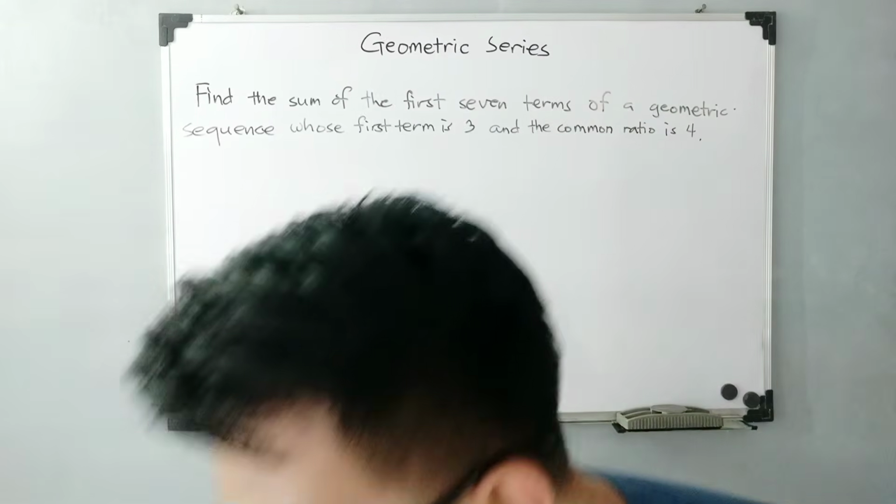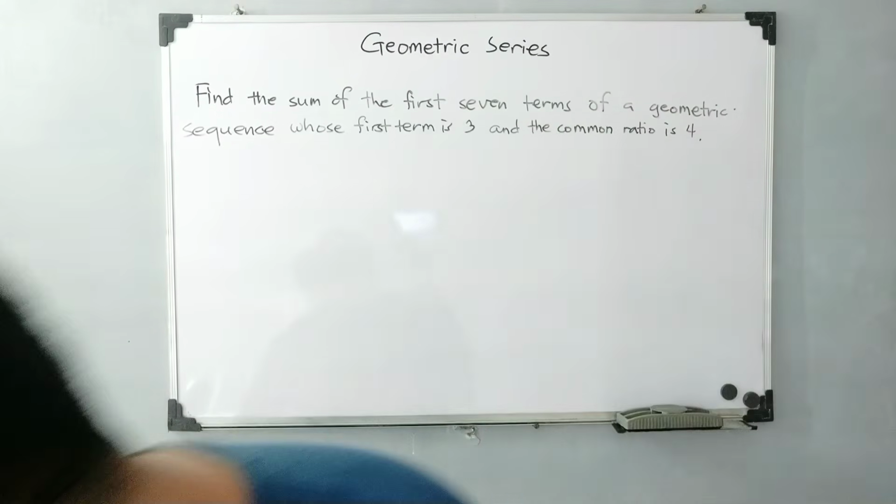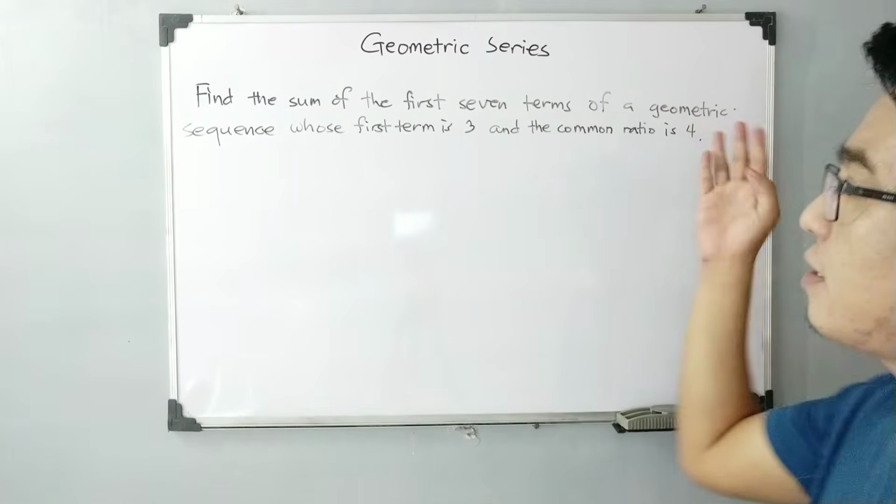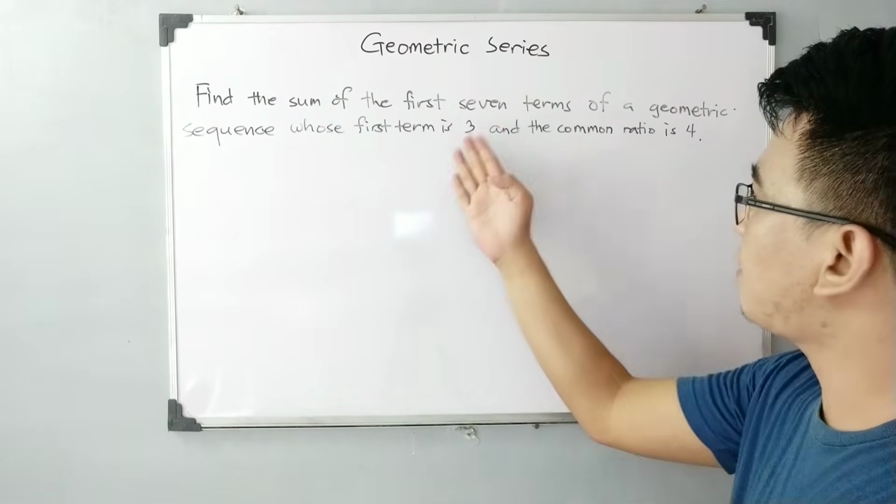Again, here's our problem. Find the sum of the first 7 terms of a geometric sequence whose first term is 3 and the common ratio is 4.